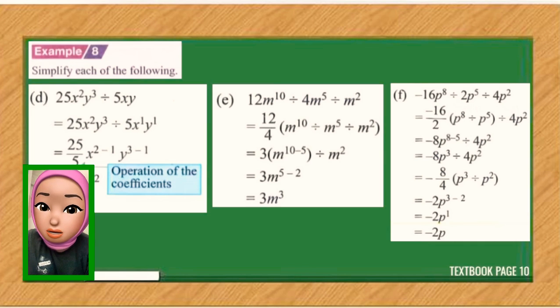Then group together the indices with the same base. So p to the power of 3 divide p to the power of 2. The final answer will be negative 2p to the power of 1. And remember, if the power is 1, we need to write it as negative 2p.